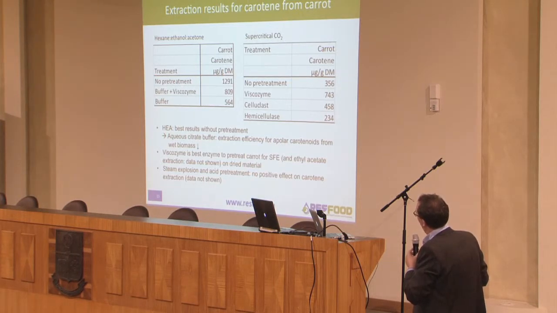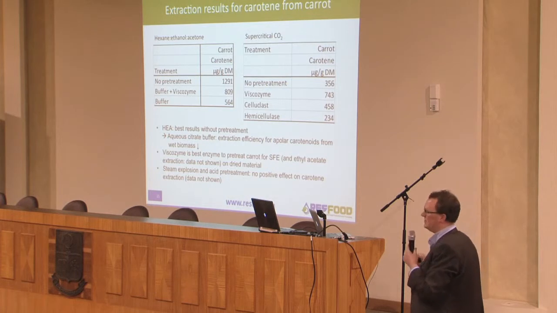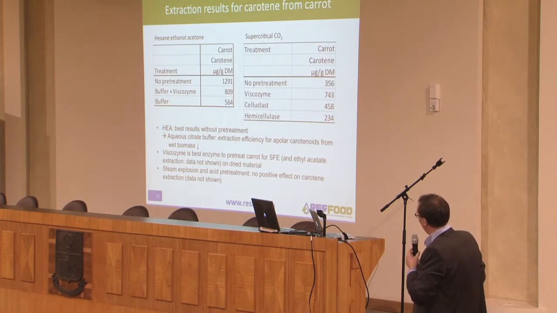As treatment, we actually saw that without using enzymes, we got the highest extraction yield. In the beginning we were puzzled, compared to where we used buffers with the Viscozyme, for example: the extraction yield decreased from 1300 to 800. And with only buffer, we got an even lower extraction yield. So actually the enzyme is doing at least something, but it's not as good as without using enzymes.